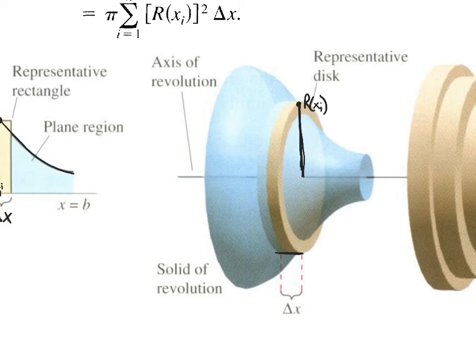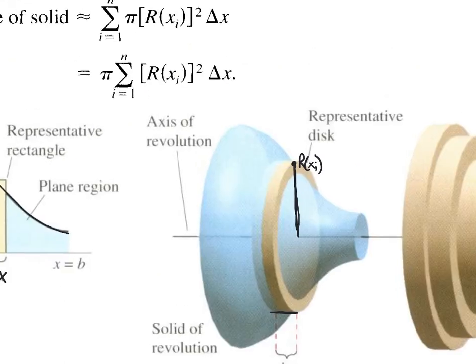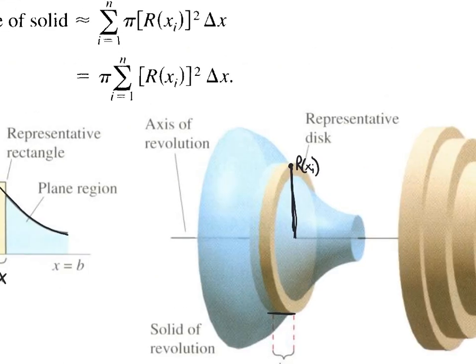That cylinder then, pi r squared h, is pi times the capital R squared times the height of that disk, which is the delta x. Well, what am I going to do with that?